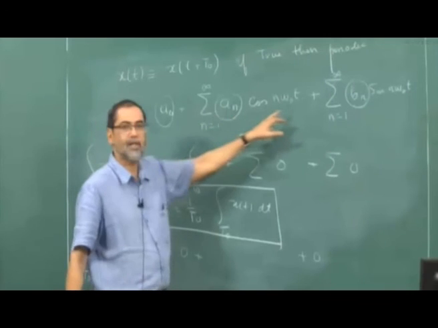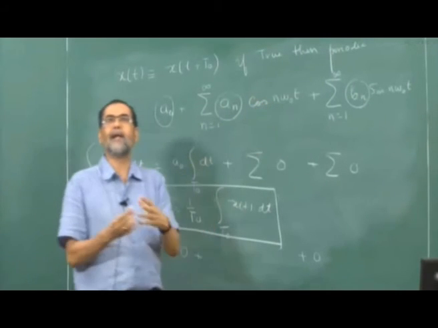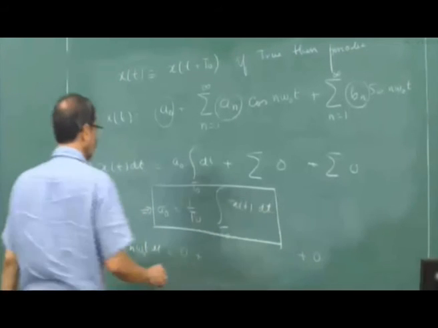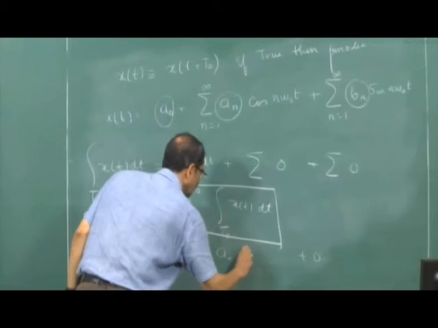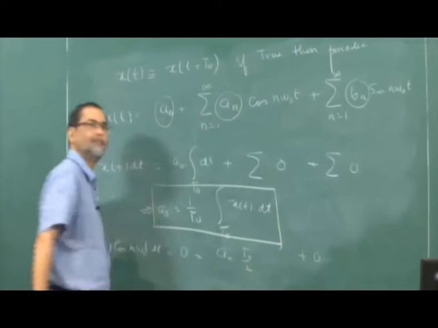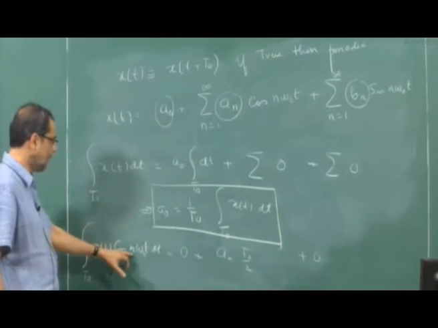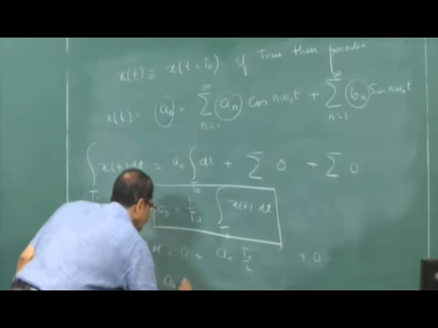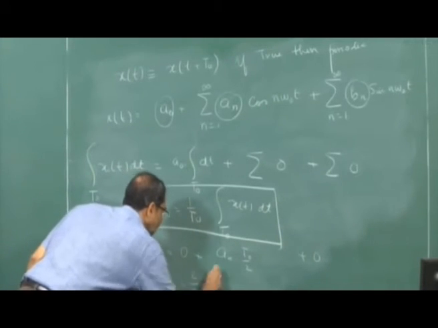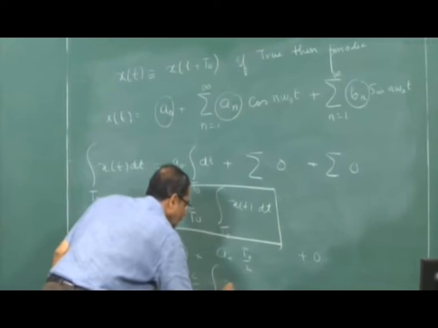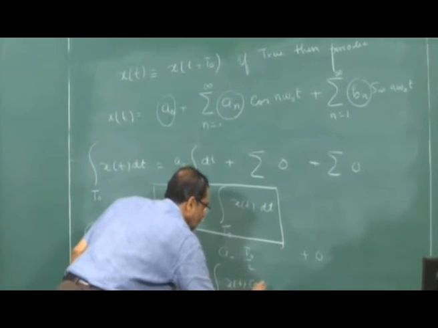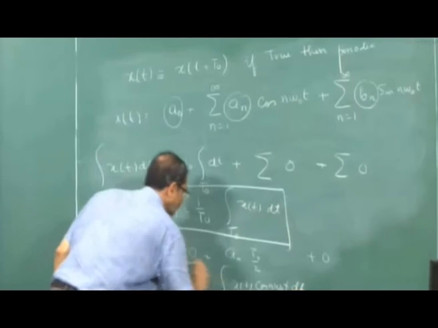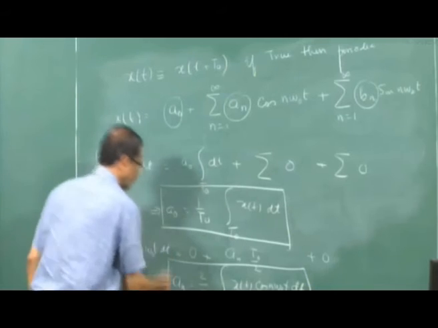In the summation, as long as m and n are different, they will integrate to 0. So only one property I am left with, and I get a n into T naught by 2. So a n is 2 by T naught into the integral of x of t cosine n omega naught t dt. That's how I can find out the values of a n.